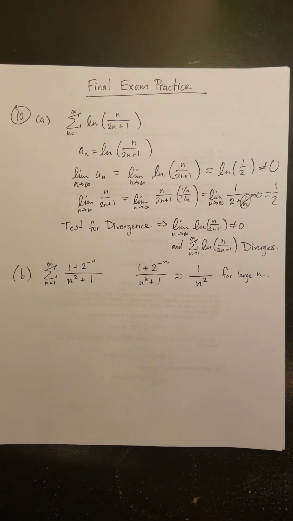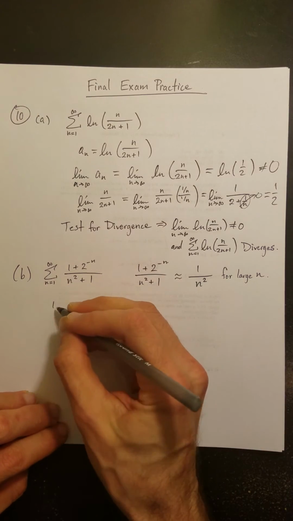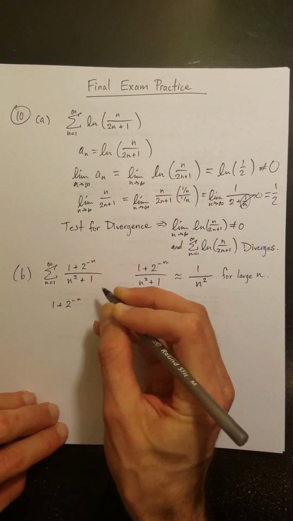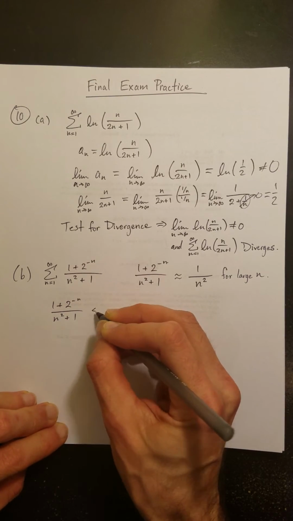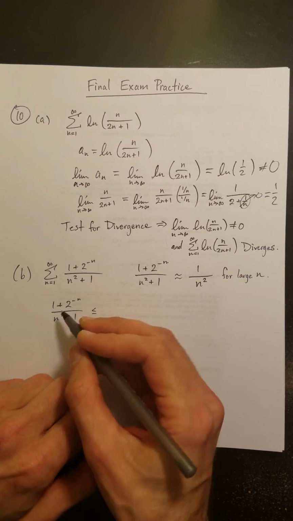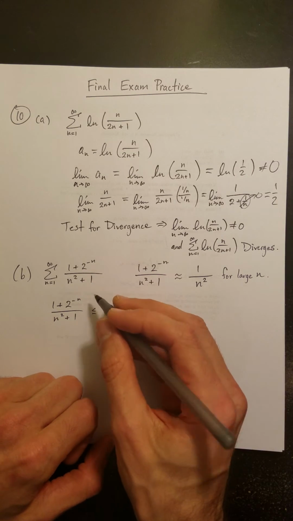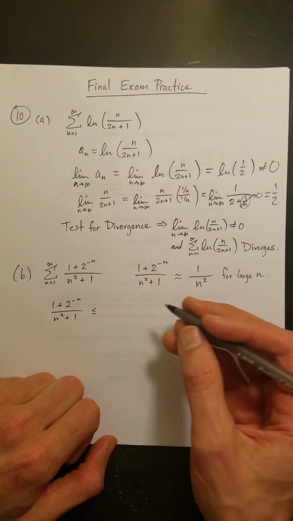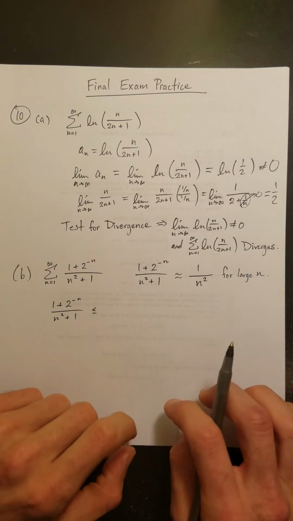And so that's what we're going to try to show, that the series converges. So we know that 1 plus 2 to the power minus n over n squared plus 1. First of all, we know that the numerator is 1 plus some positive number, so it's going to be greater than 1, which is not going to help us very much.